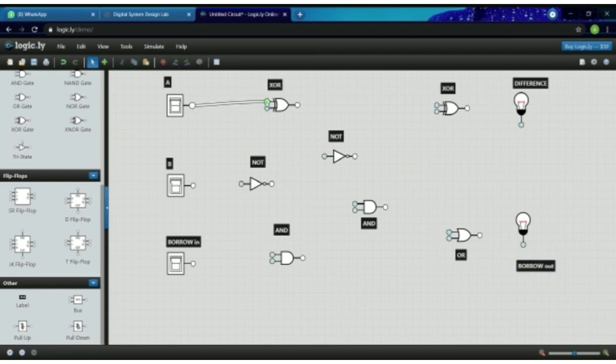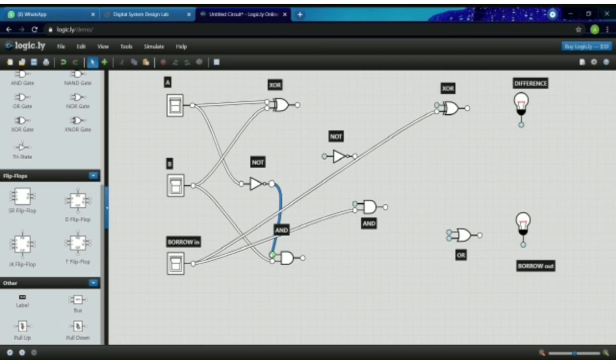So now we will connect them. Connect switch A to XOR gate and NOT gate, and connect switch B to AND gate and NOT gate, and connect the borrow switch to the first XOR gate, and again connect the borrow switch to AND gate.